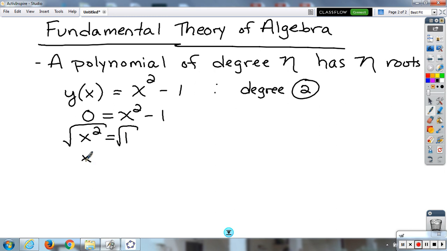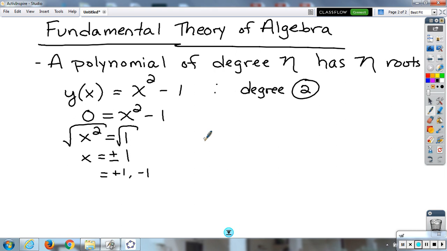Every time you take the square root of something, you always get 2 solutions, a plus and a minus. In other words, the solution plus 1 or the solution minus 1. These are the solutions to this polynomial. They are the roots of this polynomial, or the zeros of the polynomial. All of those mean the same thing.